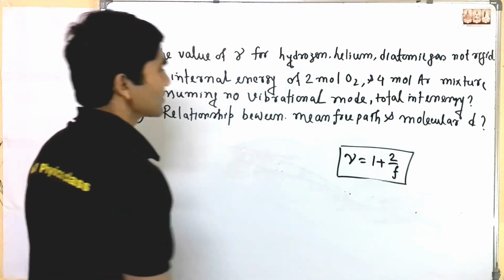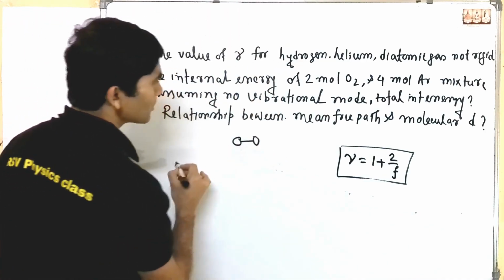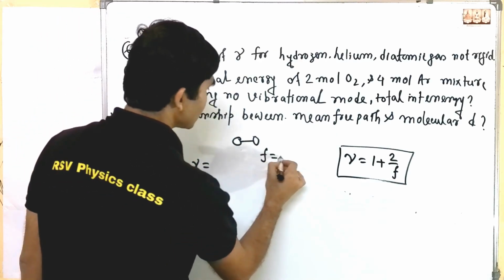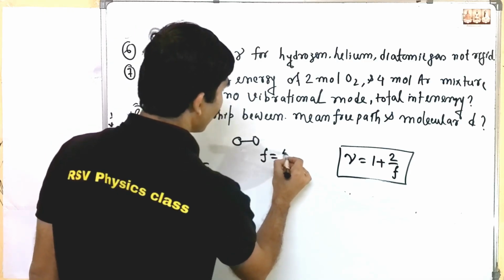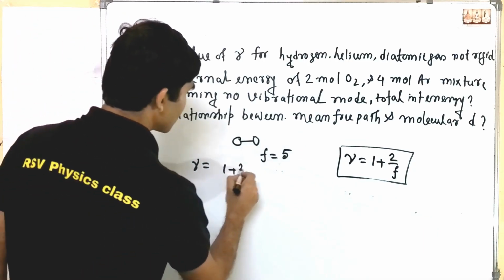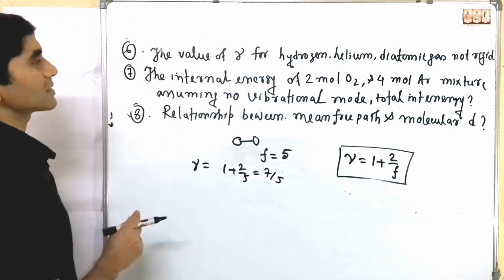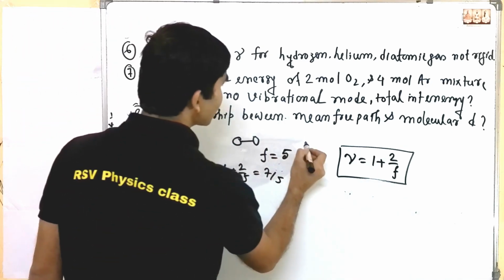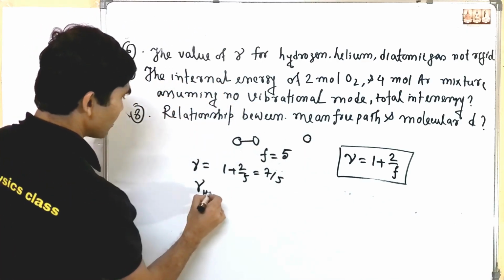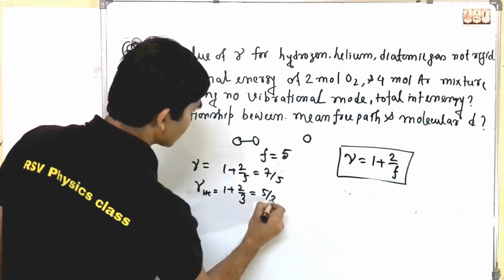So for hydrogen gas, this is a diatomic molecule, gamma is how much? इसका डिग्रीज ऑफ फ्रीडम कितना है, डिग्री ऑफ फ्रीडम 5 डायटोमिक मोलिक्यूल का, है ना। So gamma equal to 1 plus 2/5 equal to 7/5. For helium gas, this is inert gas, single atom molecule. So helium gamma equal to 1 plus 2/3, so this is equal to 5/3.